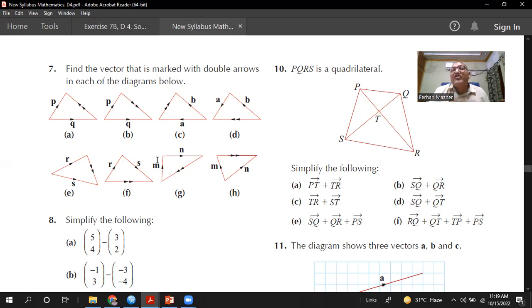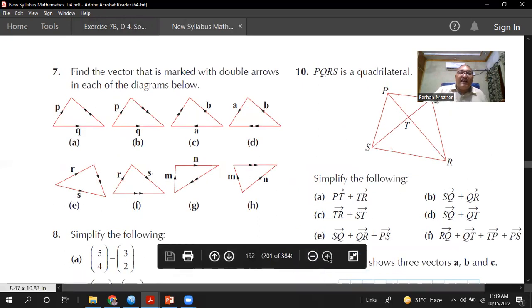When you do subtraction with the help of the triangular method, the vectors, their tails are joined together. And then we complete the triangle. Let me show you, for example, this first part.